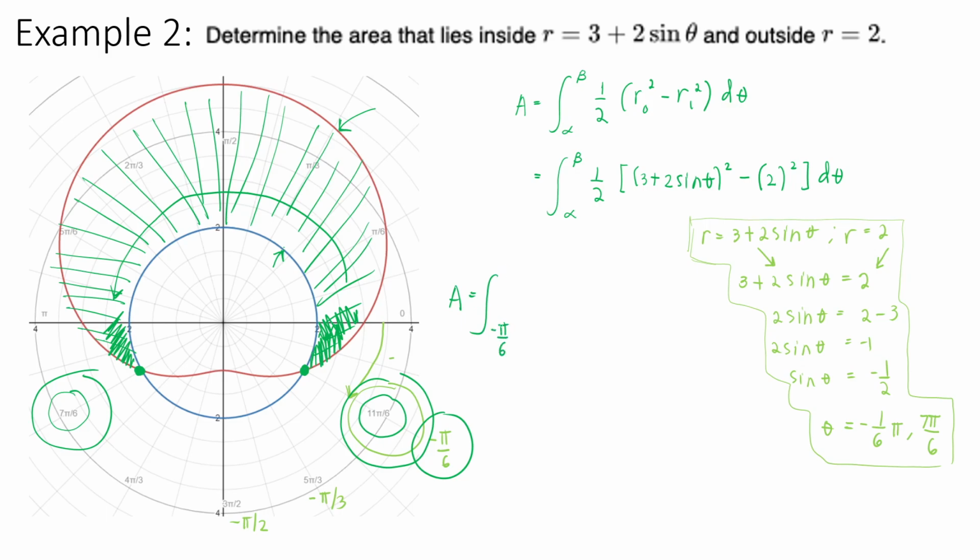It makes sense because the alpha value is much smaller now. Then the beta is the bigger value, or the upper limit is the bigger value. So 1/2, then 3 plus 2 sine squared theta minus 2 squared d theta.